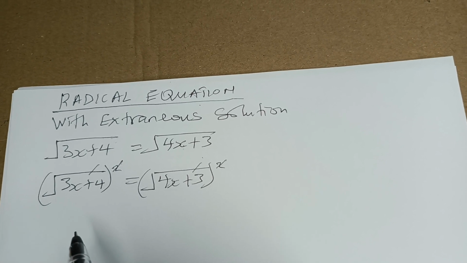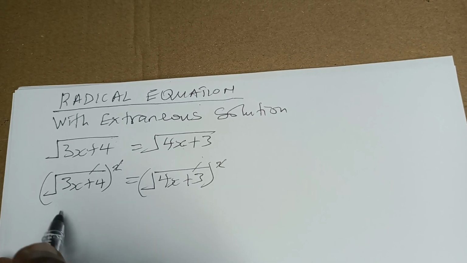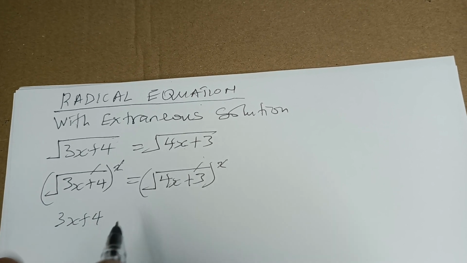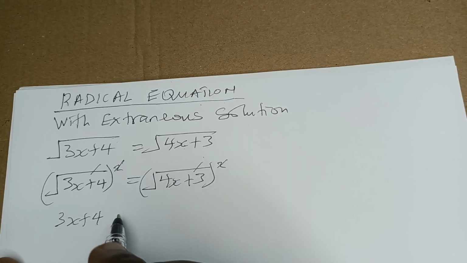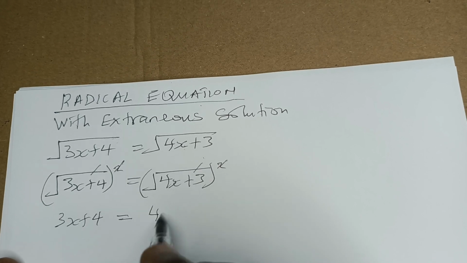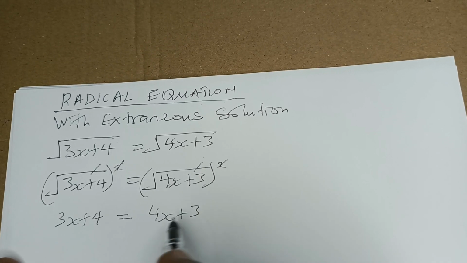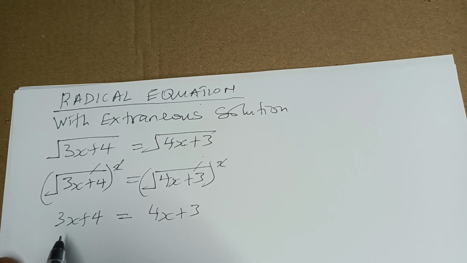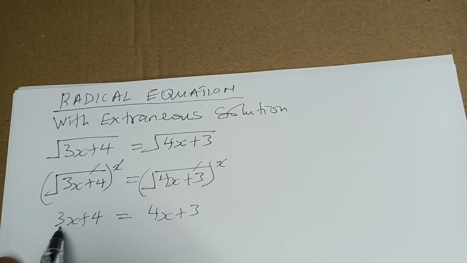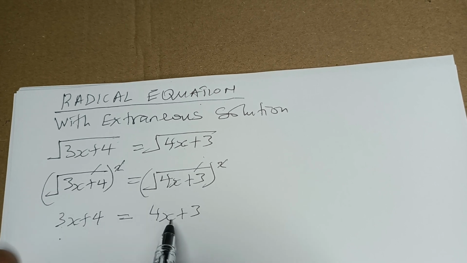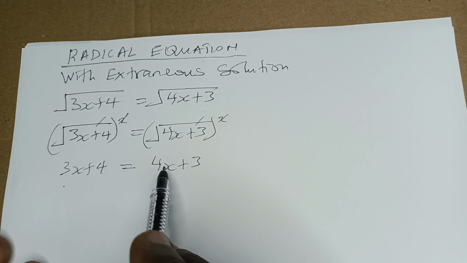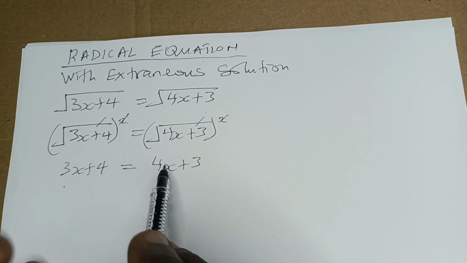So we are now left with 3x plus 4 equal to 4x plus 3. From there we have 3x here, we have 4x here. What we need to do now is to make sure that both of them are in the same place.